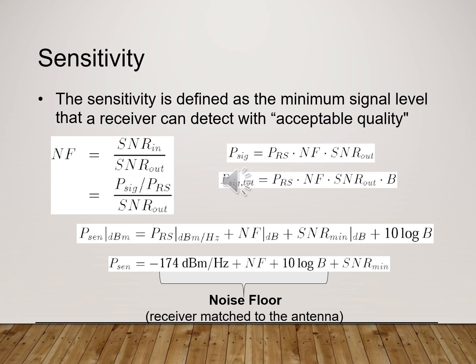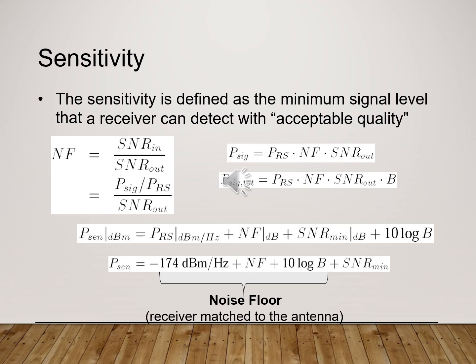Be aware that if I change the temperature for this system, this number will change. So the power sensitivity is minus 174 dBm per hertz plus noise figure plus 10 log bandwidth plus the minimum signal-to-noise ratio.